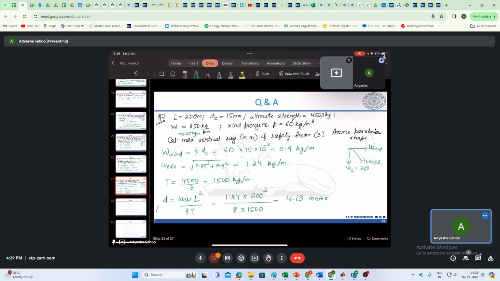Because this is your D effective, or we call it deflected sag. So this again we can break down into its vertical and horizontal, D horizontal, D vertical.